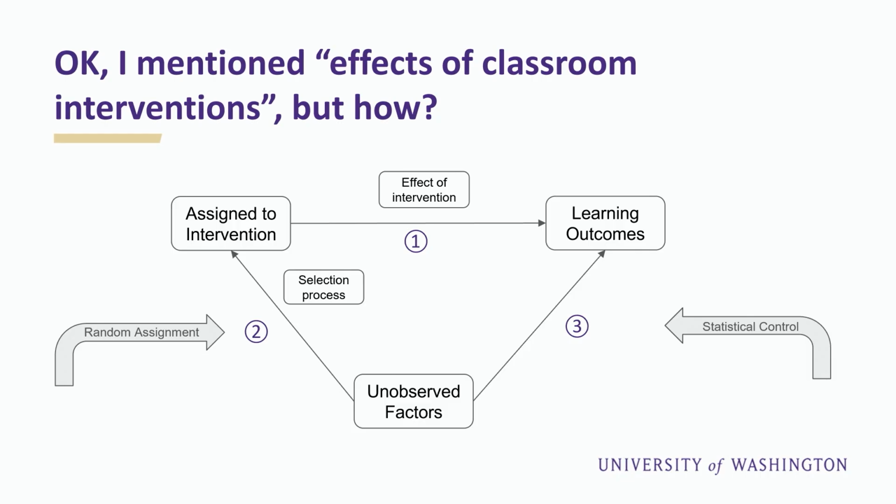But if none of these are really feasible for your own practice, for example, it's not feasible to run a full experimental design, or you don't have any time, you don't have control of the assignment to the classroom, or it's not feasible to collect so much information from students, there are also some other ways to try to simulate the randomized controlled trial process, but with certain modifications, to also create this comparable condition.